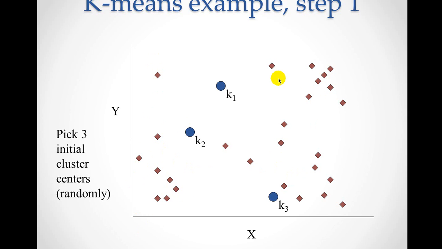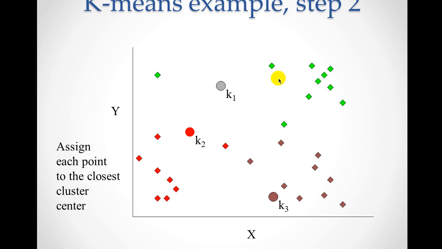Okay, next, assign each point to the closest cluster center. So it has to check, how far is this point from here? How far is this point from here? This should be green, I think. I'm not sure why it's showing up as gray. How far is this point from here?